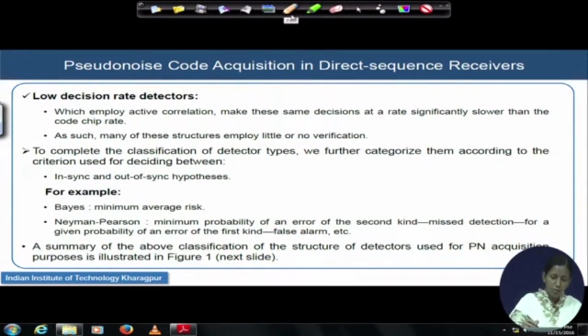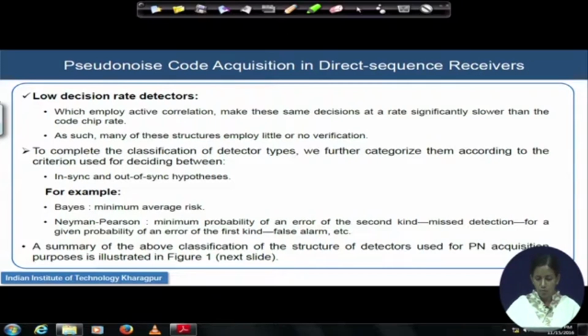We will go into detail in the next module on the matched filter based architecture, and also on the non-coherent kind of detectors, and let us see how it works in the next module.